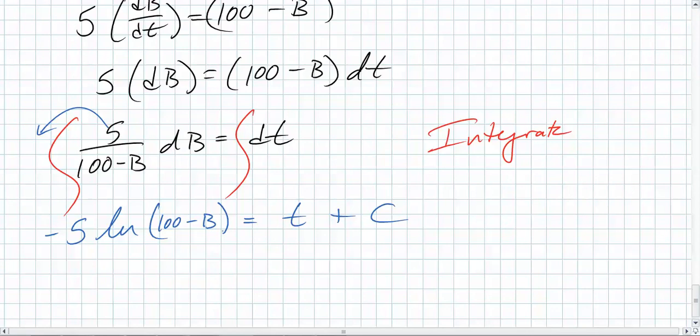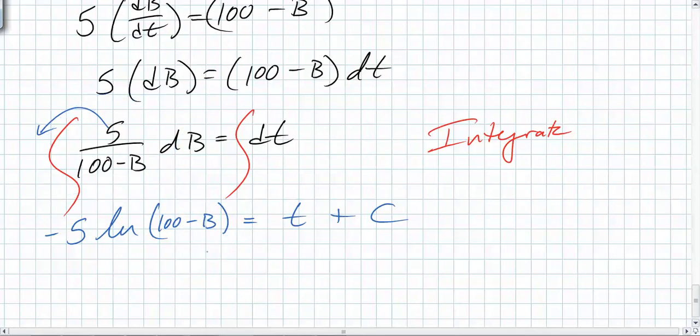The absolute value is there for several different reasons. One of them is you can't take the natural log of a negative number. But we don't have to worry about it because b is between 0 and 100. Because when you take the derivative of this thing, the chain rule is going to kick out a negative because of the negative b. And is this thing negative up here?